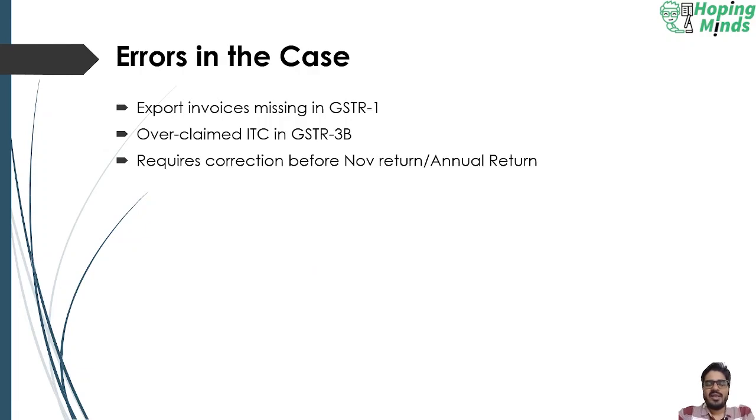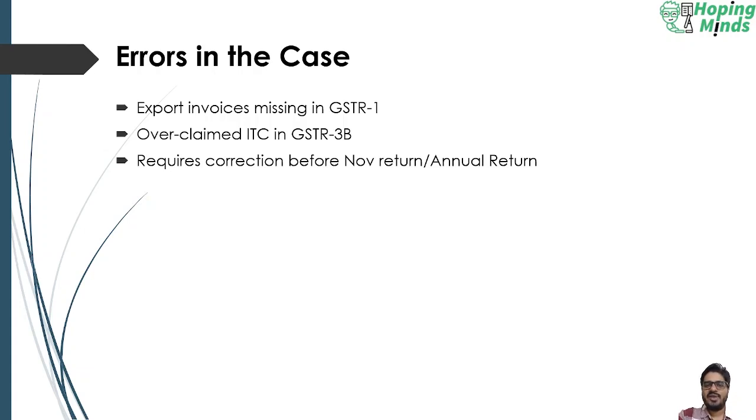So in the instant case, there are certain errors appearing as per books and as per the returns. Export invoice amounting to rupees 1 lakh is missing in GSTR 1 return. Such missing invoice must be reported in the subsequent period return, or if the financial year has ended, it must be reported in the subsequent period of the next financial year, subject to maximum of November return or filing of annual return, whichever is earlier.